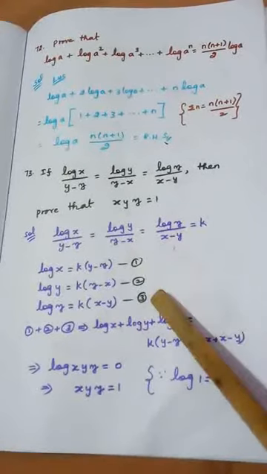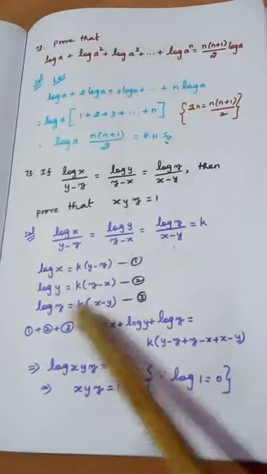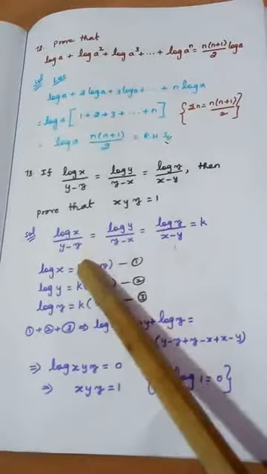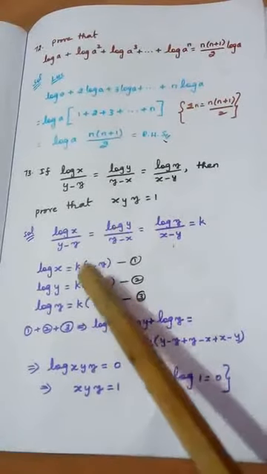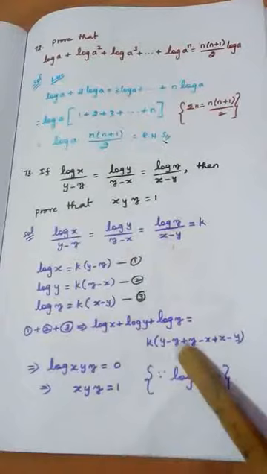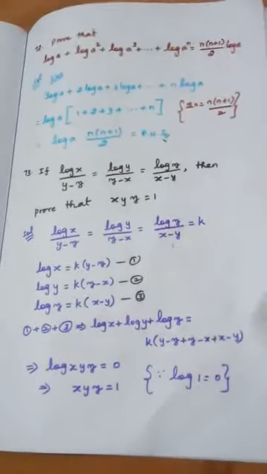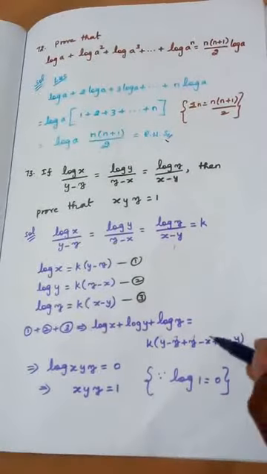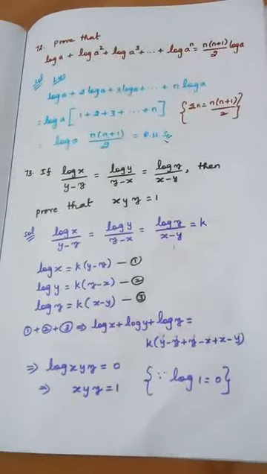Now adding 1, 2 and 3. First add the LHS: log x plus log y plus log z equals, add the RHS. k is common for all the 3, so take k as common: y minus z plus z minus x plus x minus y. If you see, you can clearly cancel everything: minus z plus z, minus x plus x, y minus y, everything gets cancelled.